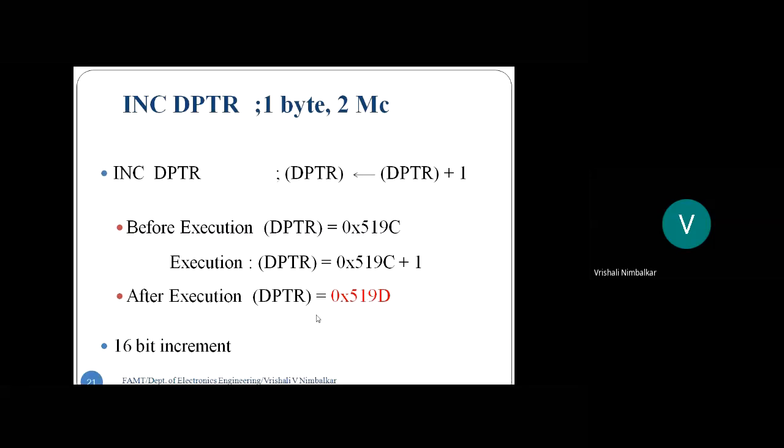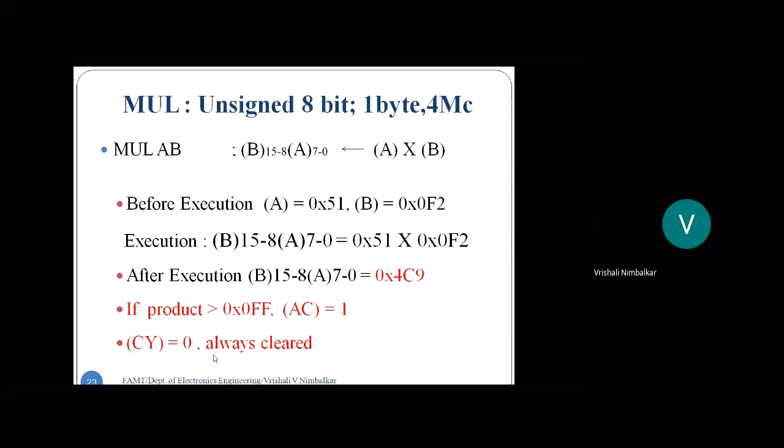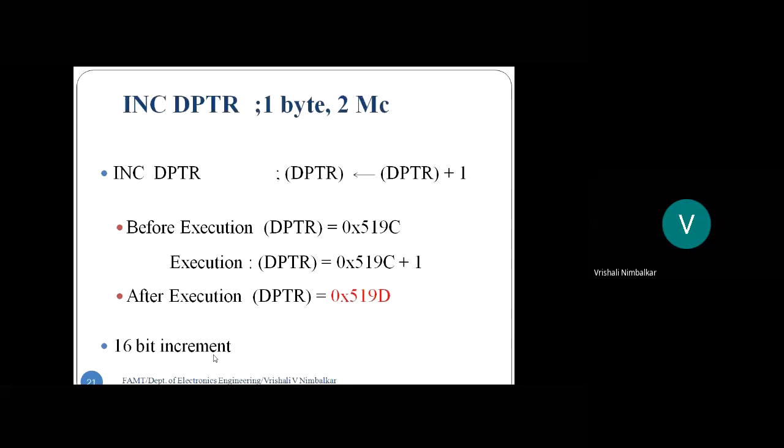Okay. Now students, this is a 16-bit increment operation. Now, where do you need these increment and decrement instructions? Whenever you are dealing with consecutive numbers, suppose you're finding the average of 10 numbers. You pick one number, add it, save. Pick the second number, add, save. Pick the third number, add, save.